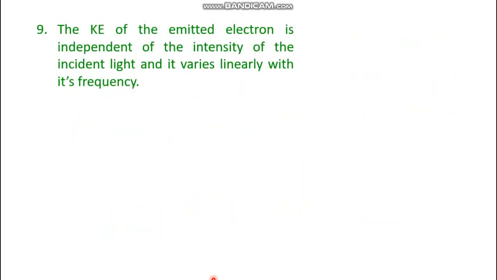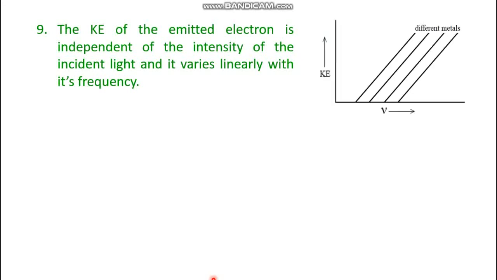Number 9, the kinetic energy of the emitted electron is independent of the intensity of the incident light and it varies linearly with frequency. Let's have a look at the graphical plot here. For different metals there are different nu 0 values, but the slope is the same. That means after an electron is dislodged, an electron is an electron.